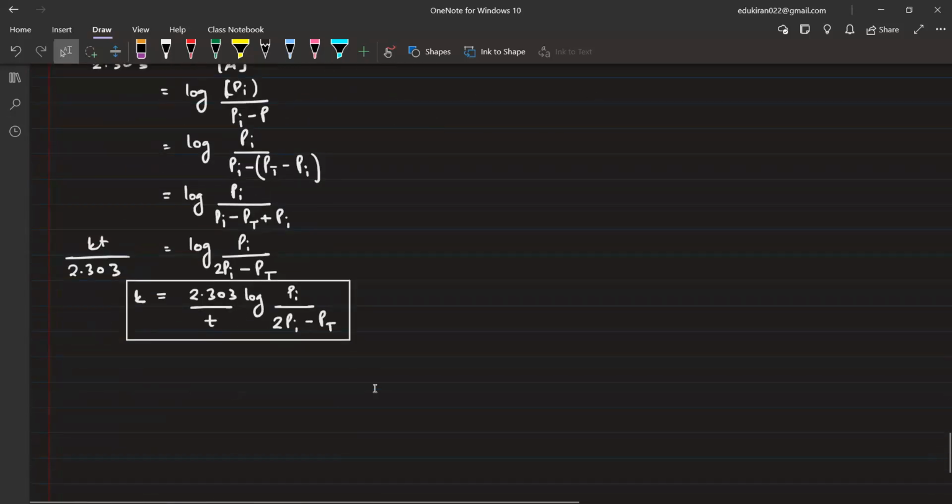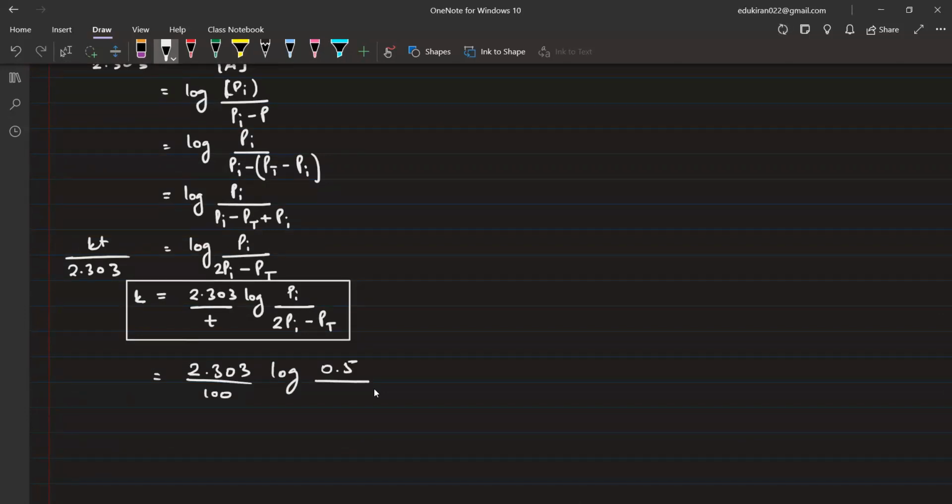What is the value of K that you are getting, tell me guys। t की वैल्यू 100 हो गई ना, initial pressure is 0.5 divided by 2 into 0.5 minus 0.6.